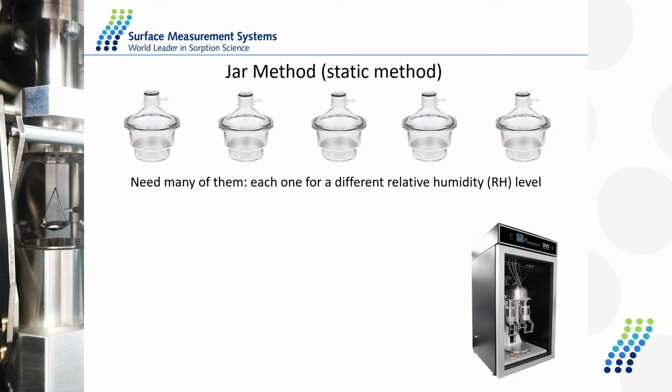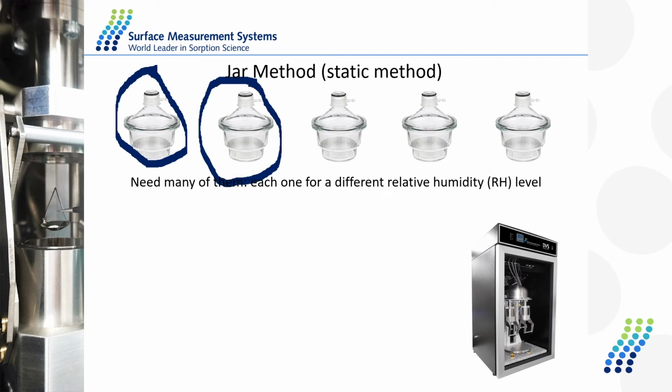So, for example, we will have a desiccator that generates 11% relative humidity by containing lithium chloride. We will have a 75% relative humidity desiccator that will have sodium chloride inside it, and so on and so forth. And what you will do is record an initial mass of your sample, put it inside the desiccator, wait for a couple of days, then take it out and measure the mass again.